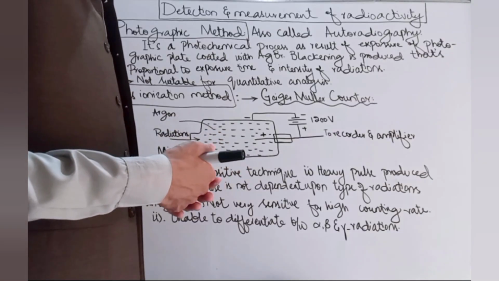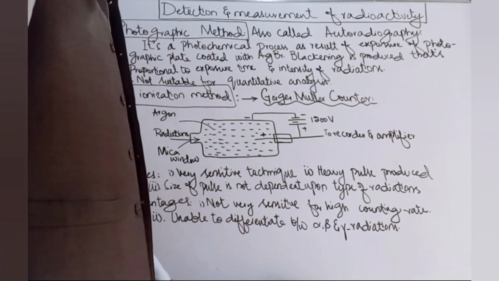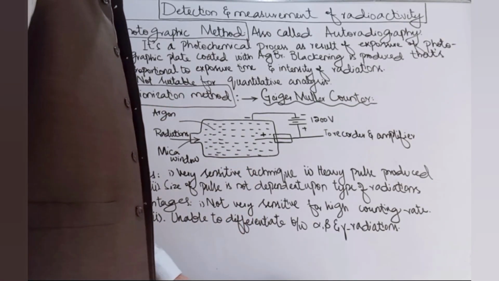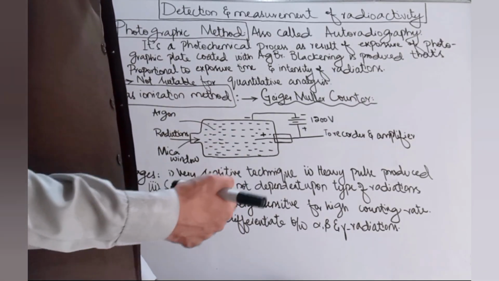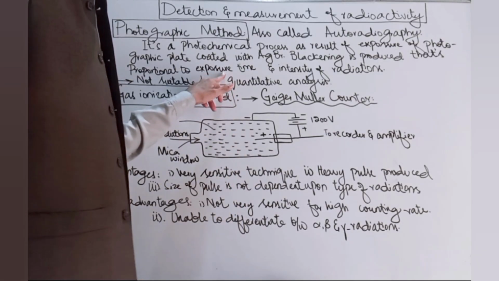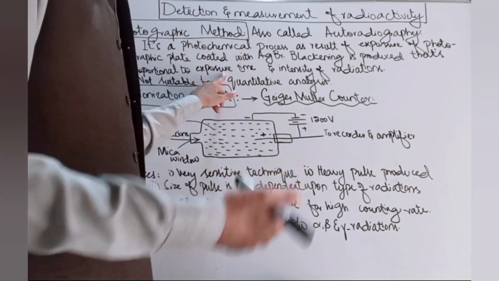The more the exposure time, the more the blackening, and the higher the intensity of radiations, the greater the extent of blackening. More ionizing radiations cause more blackening.